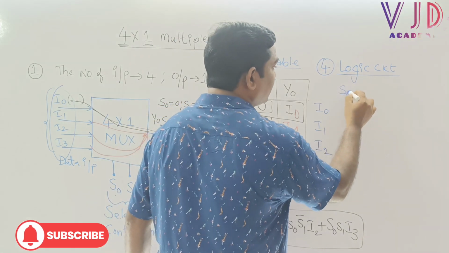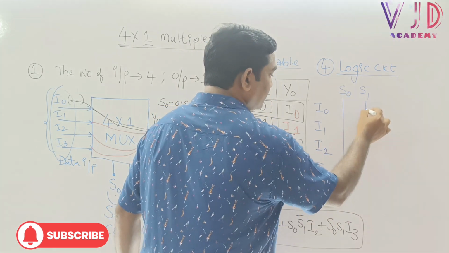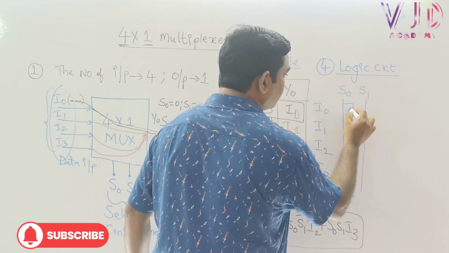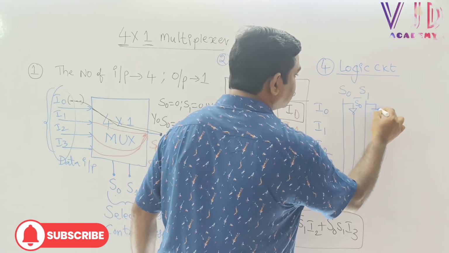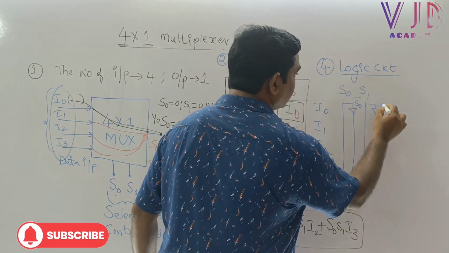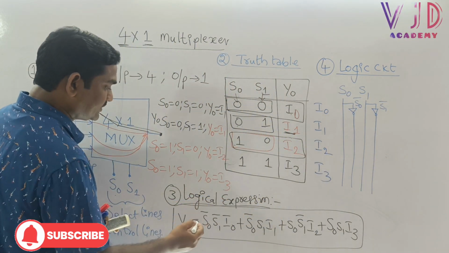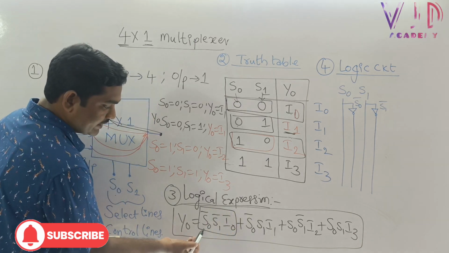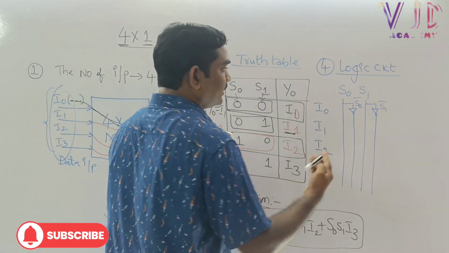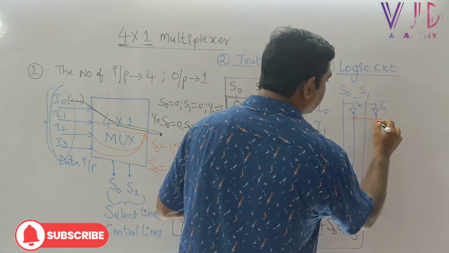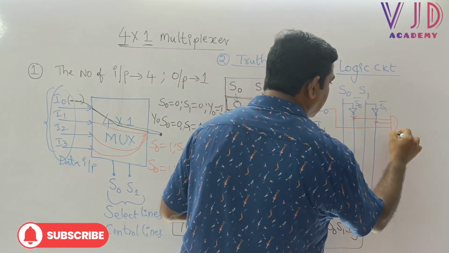We also take S0 bar and S1 bar. The first connection is S0 bar, S1 bar, and I0, into one AND gate.